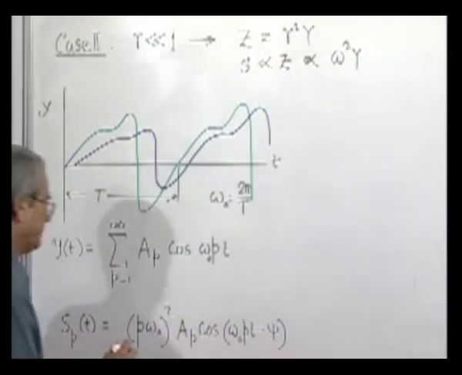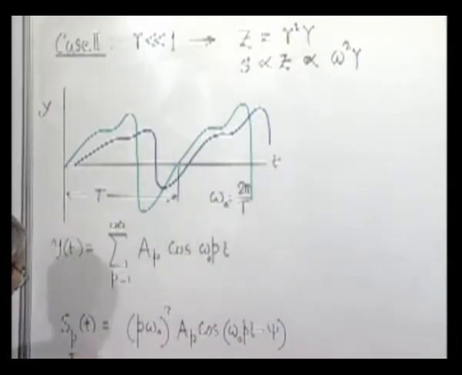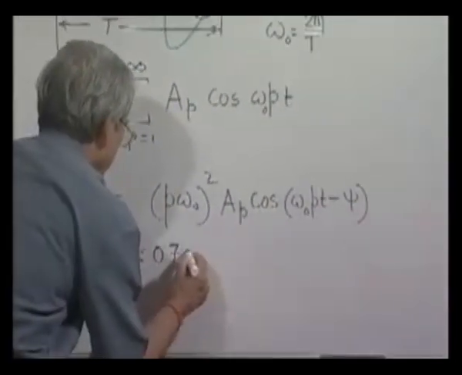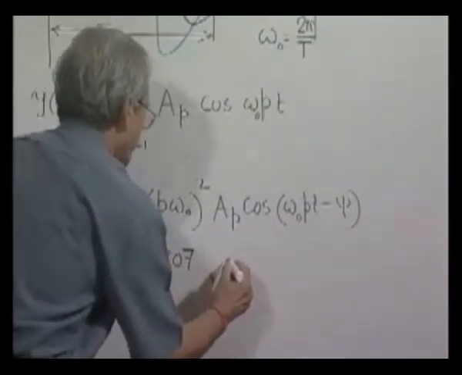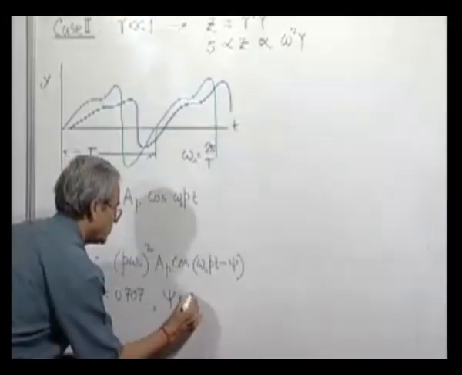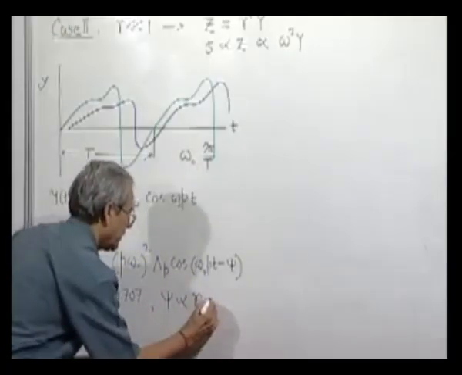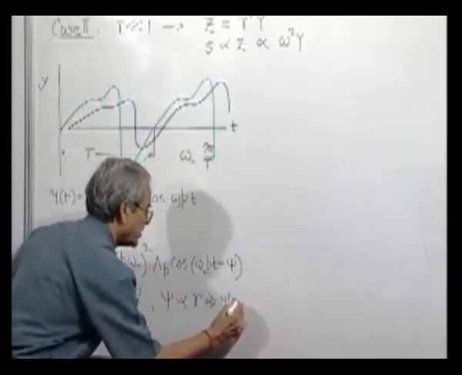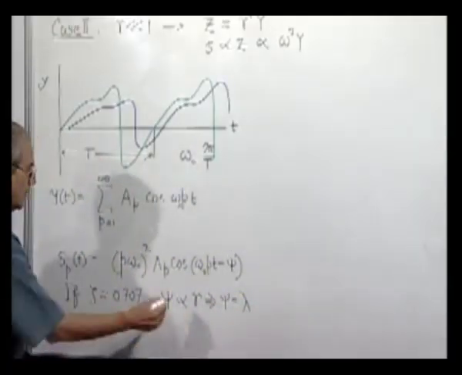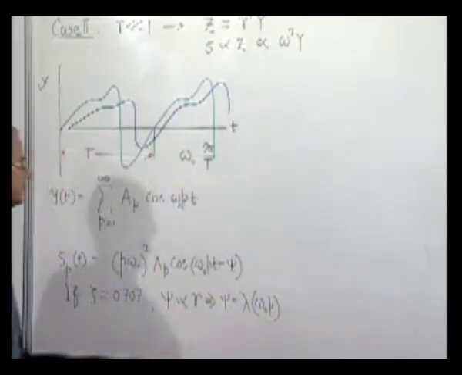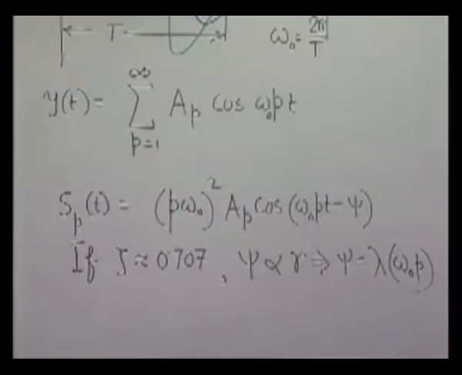Now, if zeta is approximately 0.707, then psi is proportional to r, or we can say psi will be equal to some constant lambda times the frequency, that is omega 0 p, because r is nothing but omega by omega n, and omega is omega 0 p for the pth harmonic.